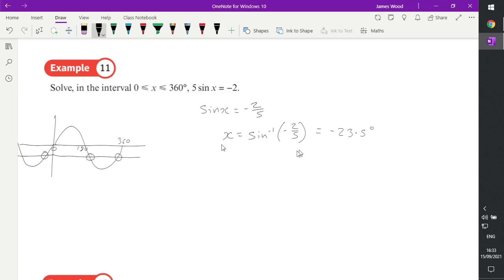So how could we go to the next solution? Well, this is minus 23.5. We said that the graph was periodic with 360 degrees, so it repeats itself every 360 degrees. So what I'm going to do is 360 plus 23.5, which gives me 383.5 degrees.